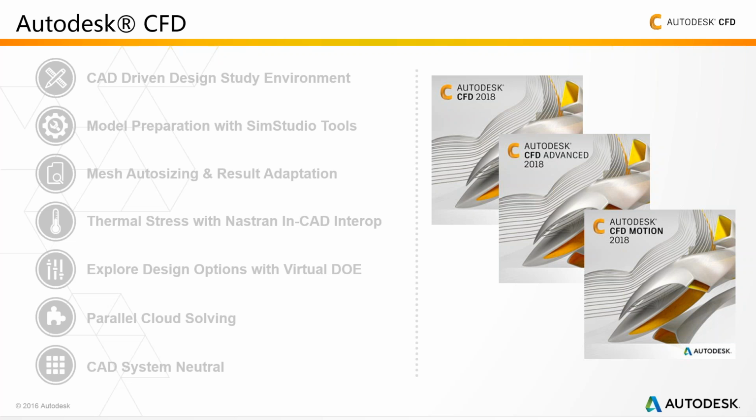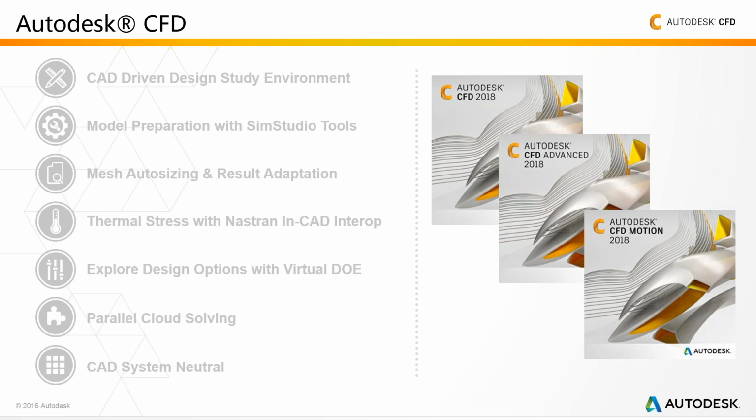The model preparation could be done with a tool called SimStudio Tools, which is now included with CFD installation. It's a very powerful CAD manipulation and defeaturing or simplification tool for preparing your CAD model. It's somewhat similar to Fusion or Fusion 360 in terms of its interface. Quite an easy to use tool.